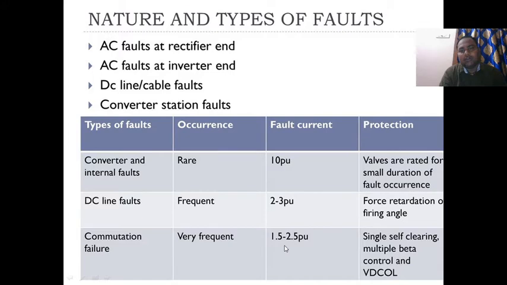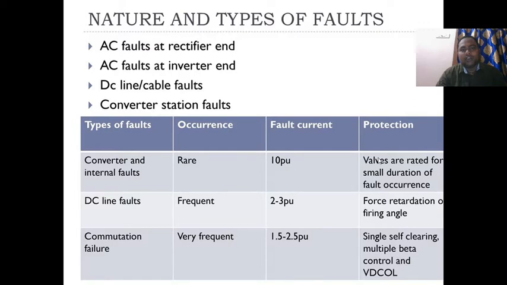The fault current is 1.5 to 2.5 per unit. The protection is single self-clearing, multiple beta control, and VDCOL, voltage dependent current order limiter controls. So these are the very frequent faults occurring in an HVDC system.